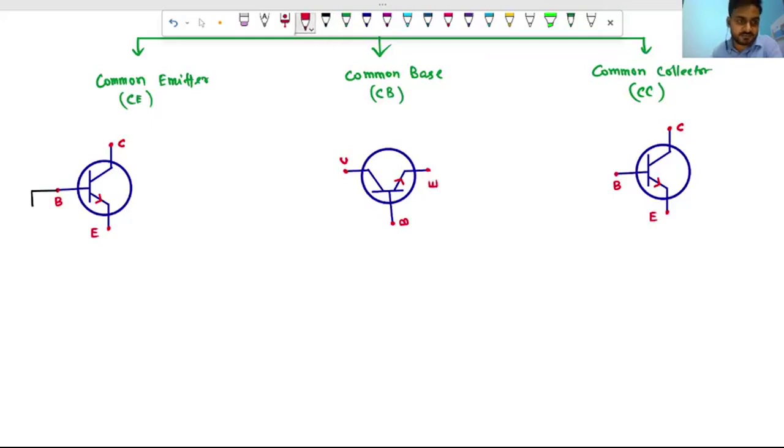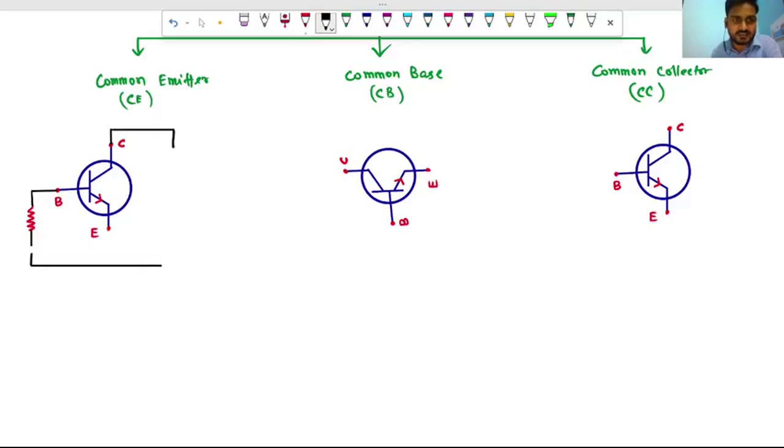Then a resistance will be there, then again a connecting wire. Here I'll keep some space for adding a voltage supply, and then I will connect a wire from the collector. It will come again.